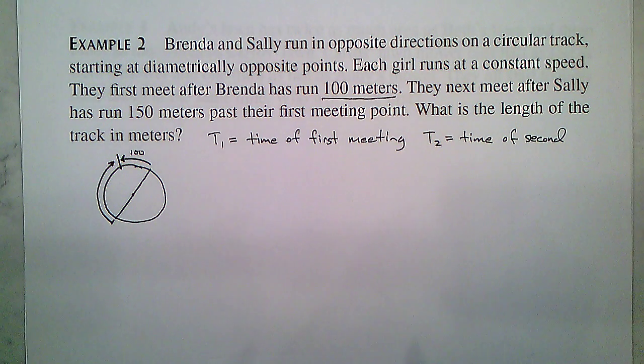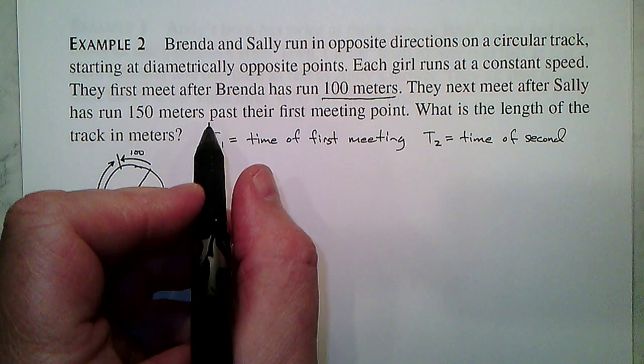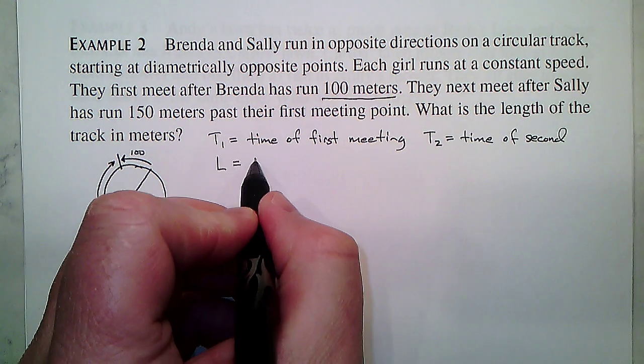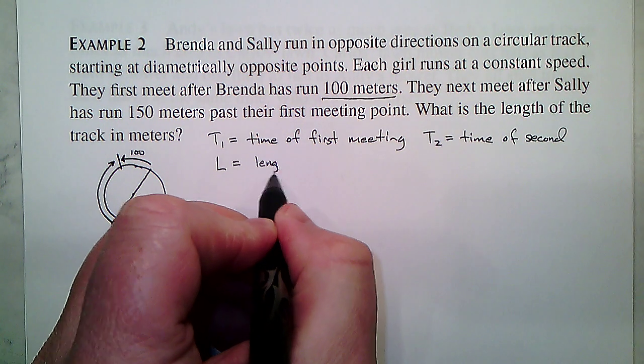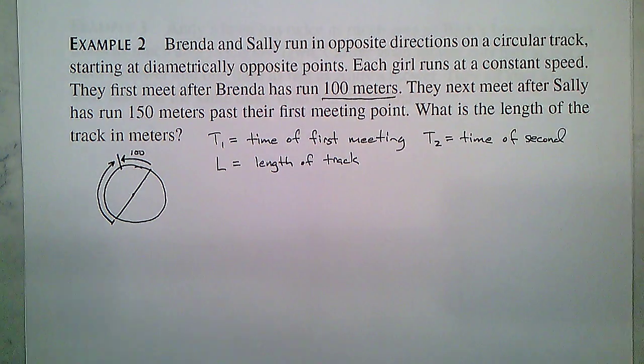And we know that we're going to use distance equals rate times time. So maybe, how about if I let L equal the length of the track? Be tempted to use D, but then I'm going to have different distances here, I think. So I'm just going to let L be the length of the track.